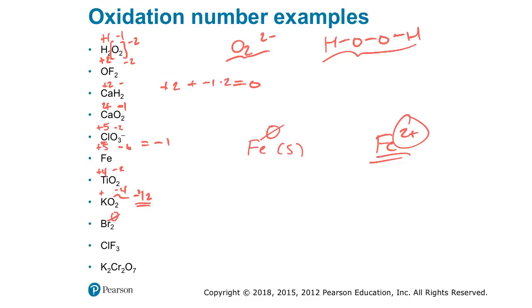Neither bromine in Br2 could have a charge. Each one has to be the same. The only way for them to be the same and for the molecule to be uncharged is, of course, for each bromine to have an oxidation number of 0. In the case of ClF3, fluorines keep that -1, 3 of them, -3, and then the chlorine goes to +3.